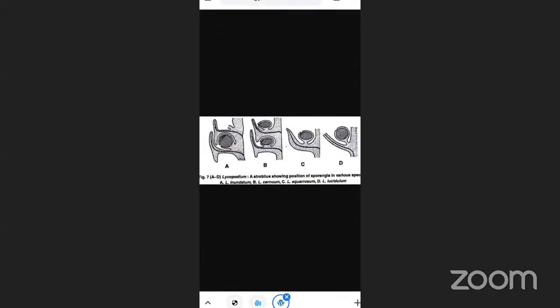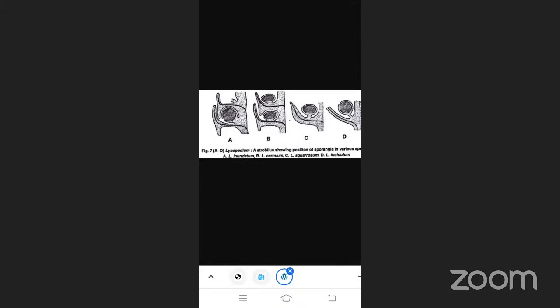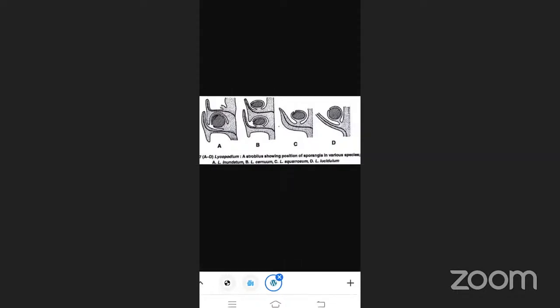The next one is the reproductive system. Root structure is also there, but it is not important. Leaf structure is not either. So the next one is the reproductive structure. The sporophyte of the Lycopodium is reproduced by vegetative and asexual methods. It is reproduced more frequently by vegetative propagation.